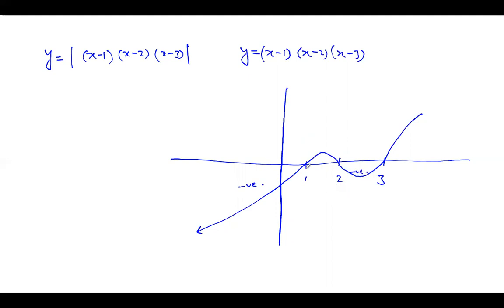Now we have to convert these negative portions into positive ones. So this is the positive portion of this, and this one is the positive portion. The same graph we repeat above, and then remove the graph of the negative portion.